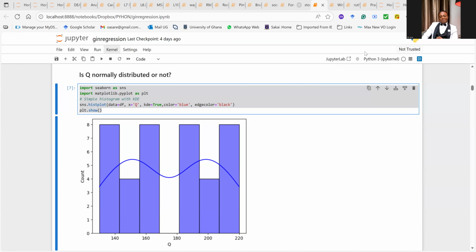Multiple modes. Well, it simply tells you that it's not normal. That's all it means. Okay. It's not normal. Normal distribution is unimodal, one mode. I mean, one bar. If you can all remember your statistics carefully, the normal distribution goes like this.